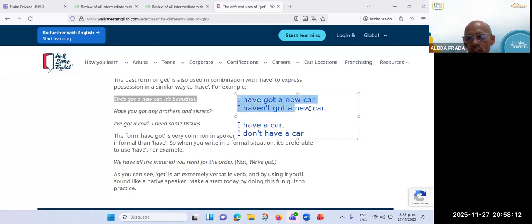Because this is British English, and this is how they use that verb. Have got, haven't got. In American, I have or I don't have. So it's very important for you to understand, to know, to study the verb get, because it's very, very important. And it has many meanings, as you can see here.